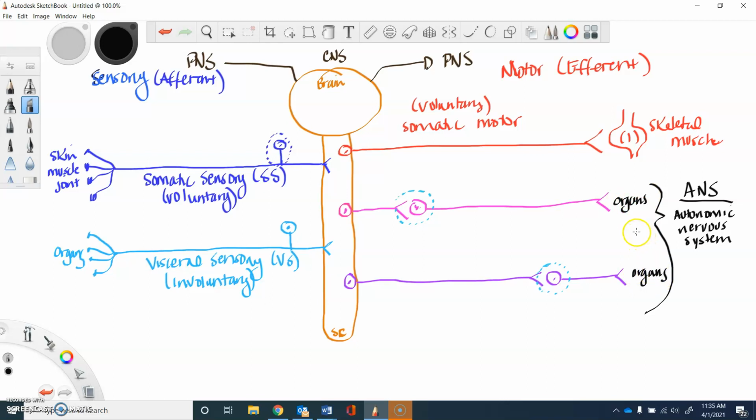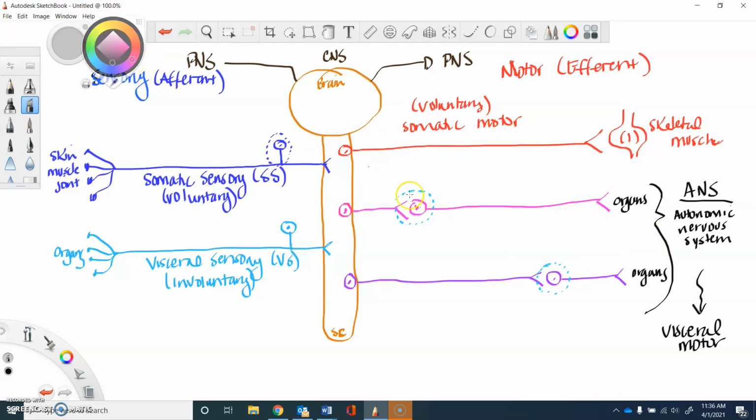Organs, so glands, your heart, your spleen, things like that. And it's autonomic because you don't have to think about it. It's involuntary. Okay, so these 2 things, the autonomic nervous system provides visceral motor. And the autonomic nervous system does this in 2 ways. There are 2 branches of that.